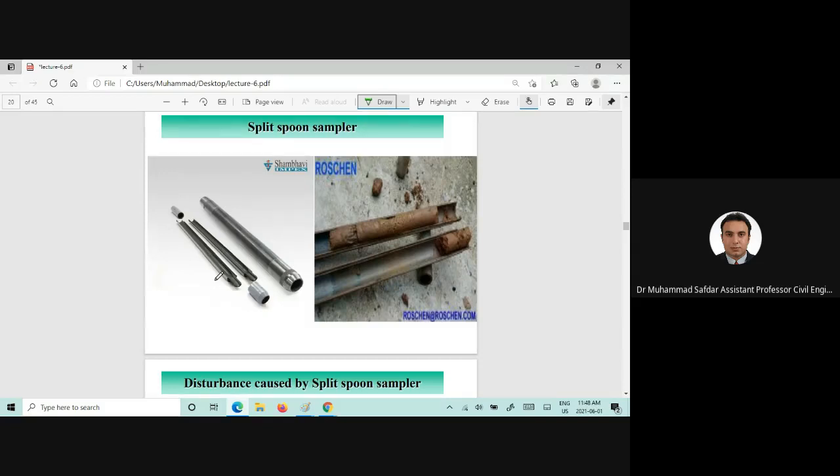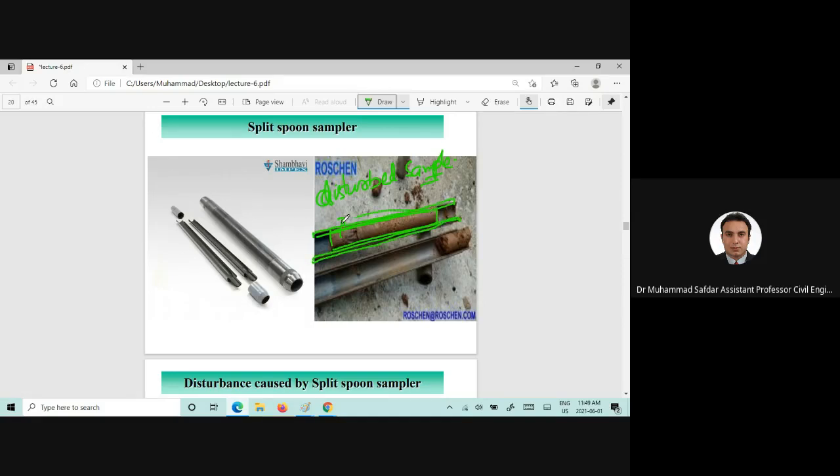Now, split spoon samplers are used. As you can see here, this is usually considered as the undisturbed. This is the disturbed sample which is collected, and the reason for the disturbed sample is that we can clearly see that the thickness of those split spoon samplers is greater.